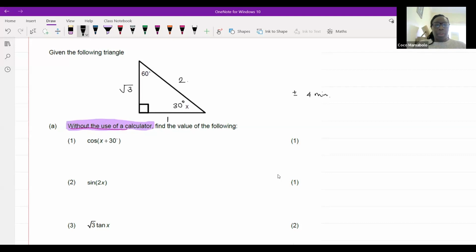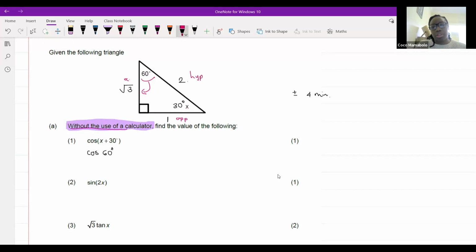All right, so cos of x plus 30 would just give me the cosine of 60 degrees, which means I need to first label in terms of 60 degrees. This is going to be my adjacent side. This is my opposite side, and this is my hypotenuse.